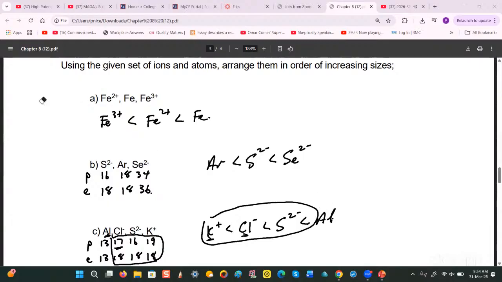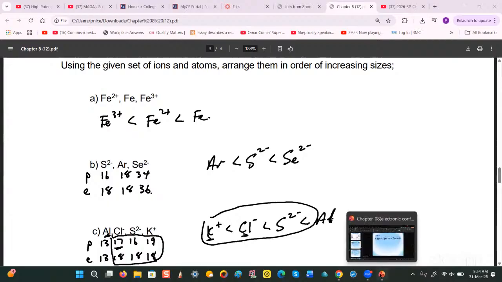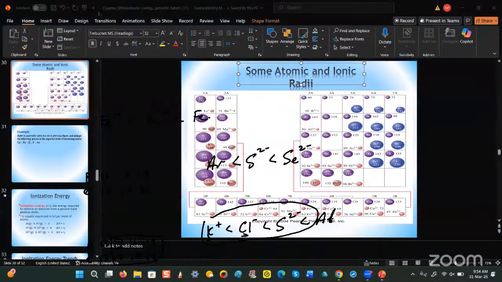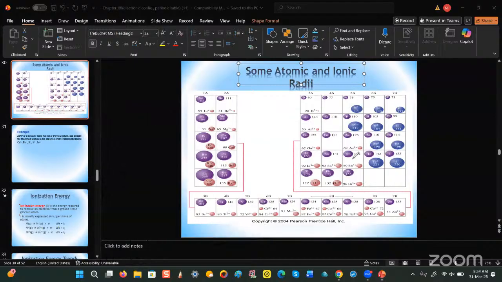You don't think though that with aluminum being 13, that would be an even stronger pull? You know what? I think I can check something now. Hold on. Let me go to the PowerPoint. Let me clear this.